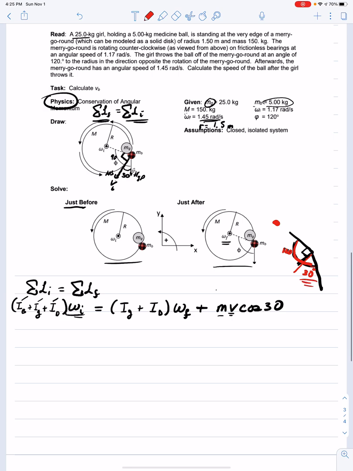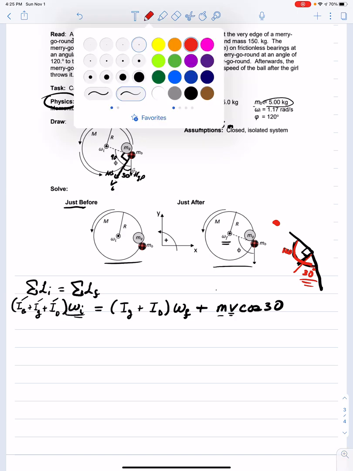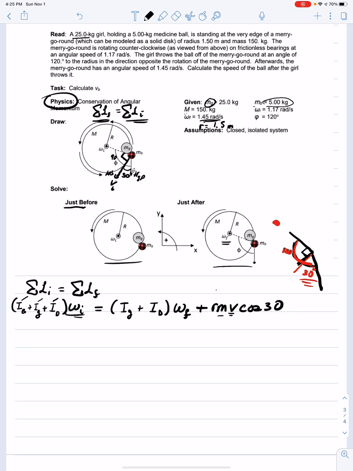So that's what we want, the 30-degree angle. That's why, in order to turn it perpendicular, we have to multiply by cosine of 30. And this is also times r, which is the distance from the axis of rotation. That is the reason why we multiply by cosine of 30. You have to turn it perpendicular if there's ever an angle like this.